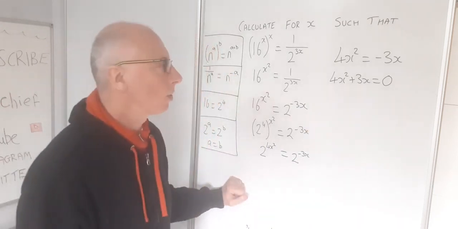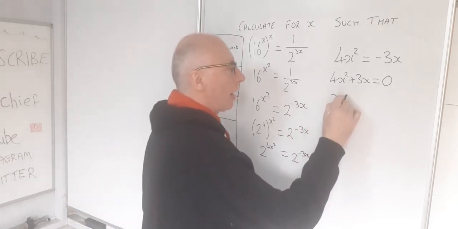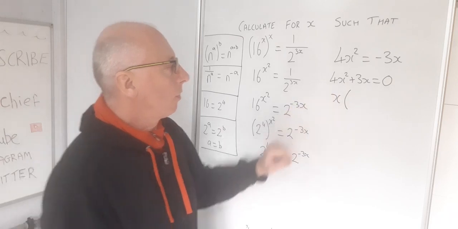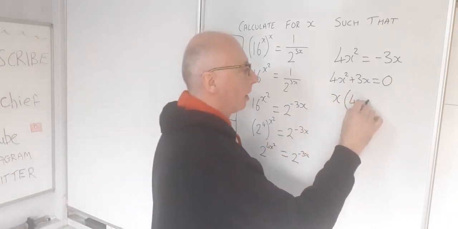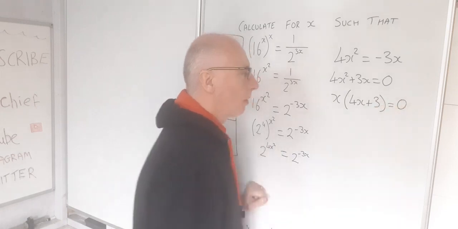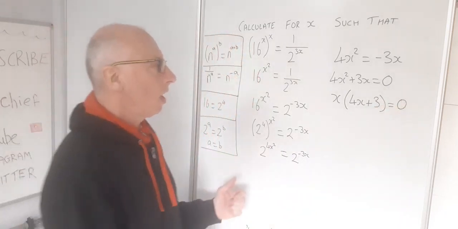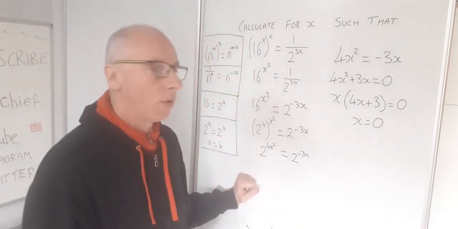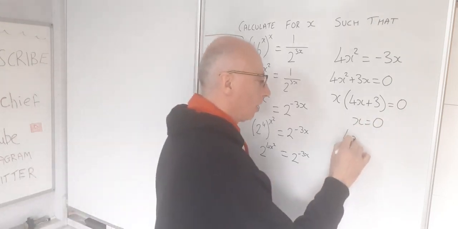So we're going to get two solutions. So we can take out an x, and then taking out an x from there, we're left with 4x. And an x from here, we're just left with positive 3 equals 0. So now we've got either x equals 0 or 4x plus 3 equals 0.